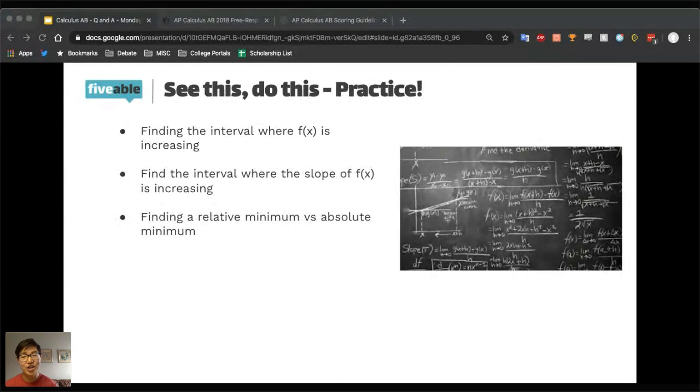Yes, great job. So absolute minimums, you also have to evaluate endpoints. Relative minimums are just within a specific area in terms of critical points. You got another answer here. Relative is the first derivative test. And also there are multiple ways that you can find minimums and maximums. You can do the second derivative test. You can do the first derivative test.